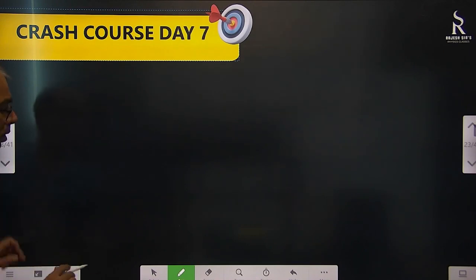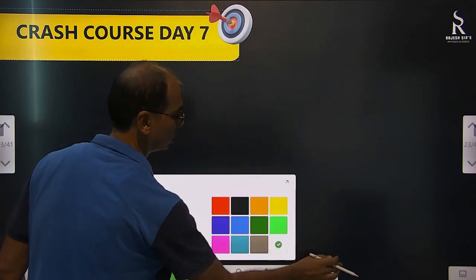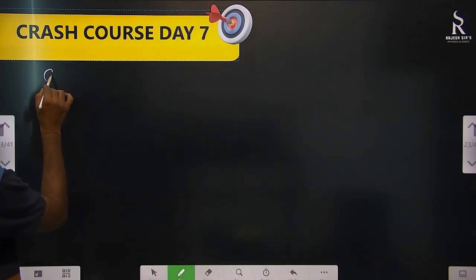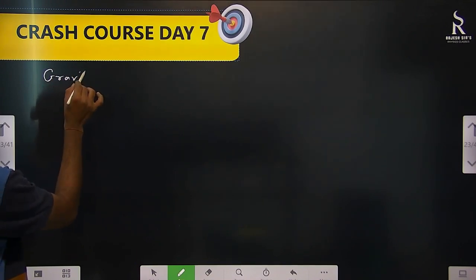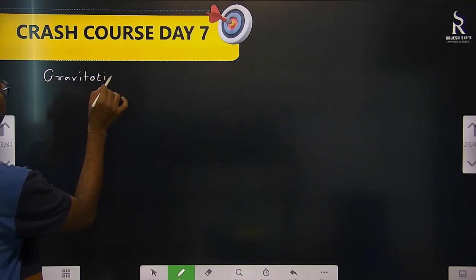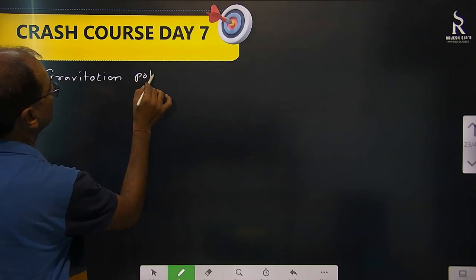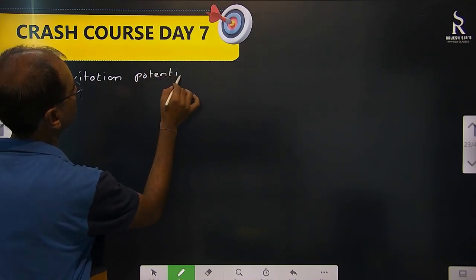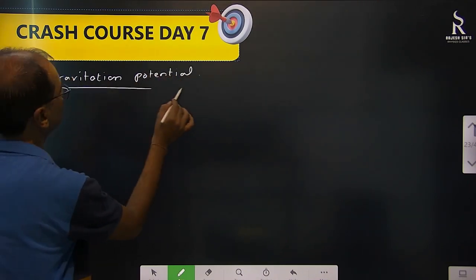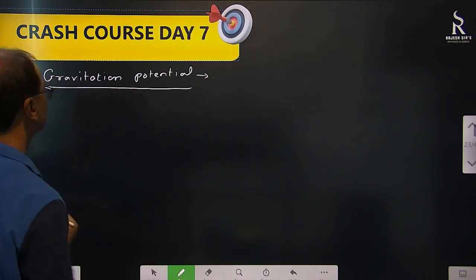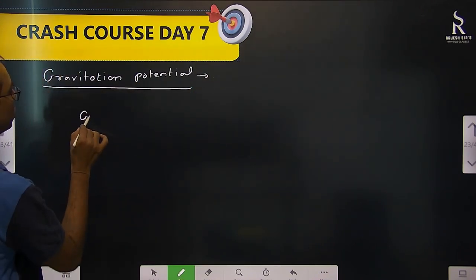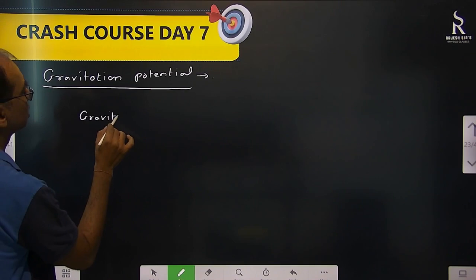what next? Next is potential. Gravitation potential. What is gravitation potential?